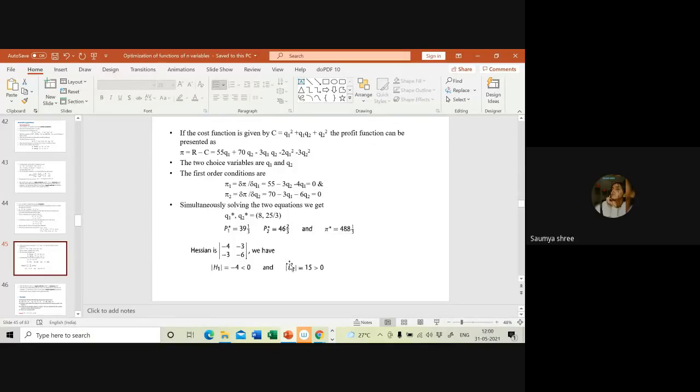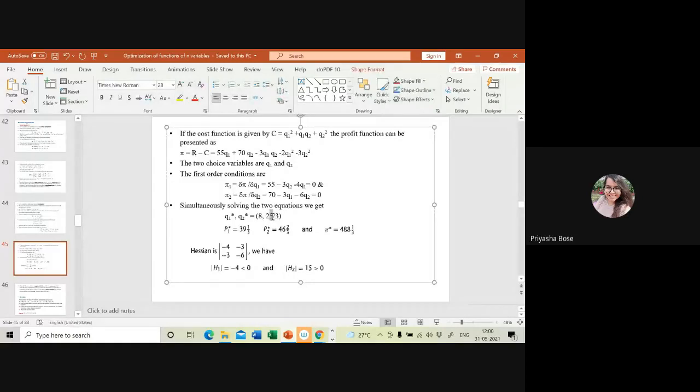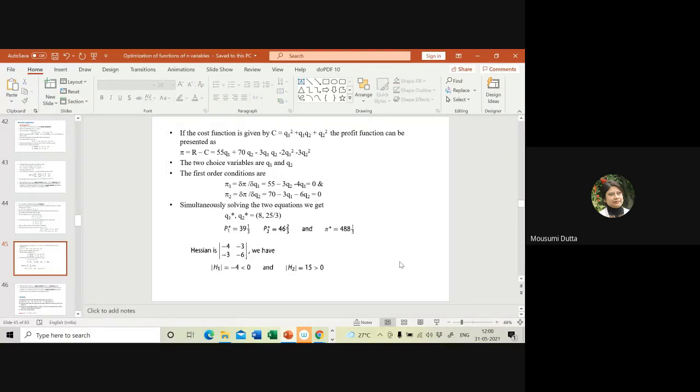If we put 8 in the first equation, we get 23 by 3 then. Yes, ma'am. Okay, no problem. These are the numerical things. So we need to check it once again. If you get 23 by 3, accordingly, you have to find out P1 star, P2 star, and pi star.